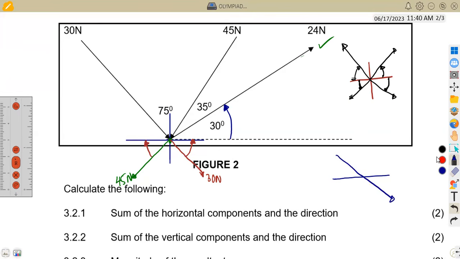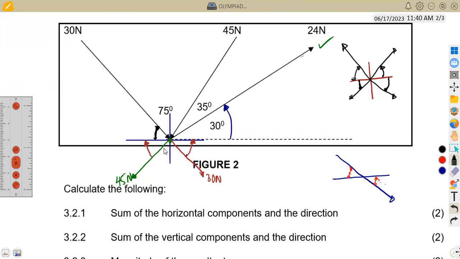So the angle that we are seeing in between here is the same as the angle that we are going to see, because these are two straight lines, and these two angles are referred to as vertically opposite angles. So this angle that we are to calculate from this point up to this point is the same as the angle from this point up to this point, this angle here. So how are we going to determine this angle?